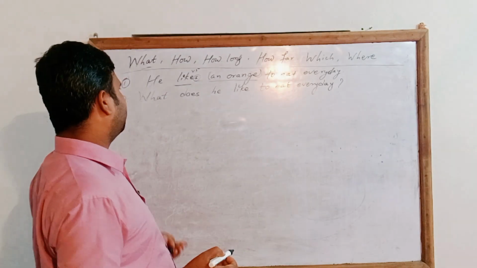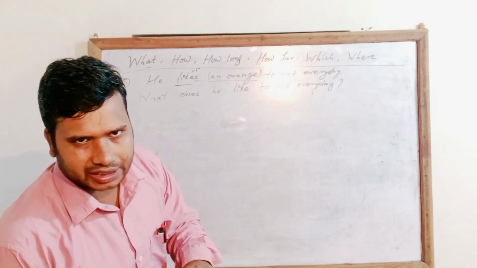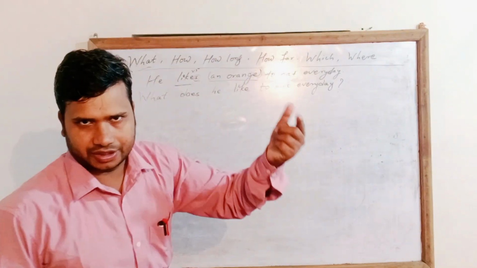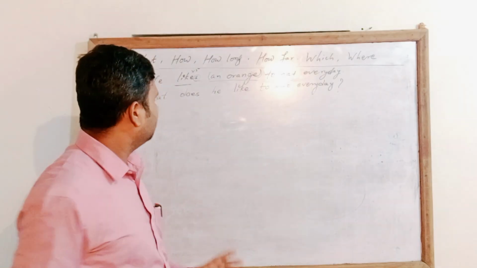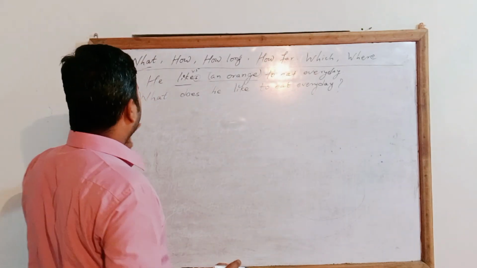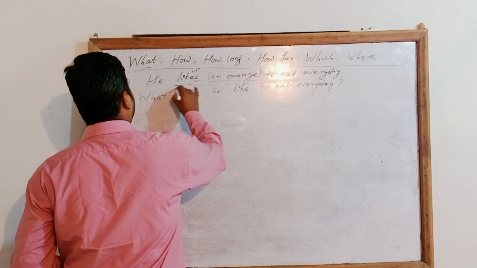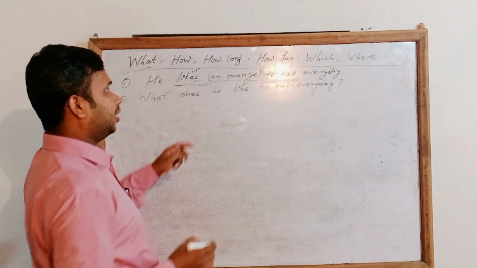So, my dear students, this question has been given below the passage and this sentence is written in the passage. So, my dear students, don't hesitate. What question includes a thing. What question indicates a thing.